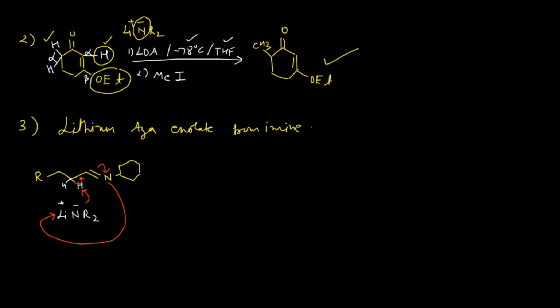Okay, and then you see what kind of intermediate you are going to form here. Say this is your R now, and this species, now we are having a double bond here, and this is your nitrogen connected with the lithium, and then here this species, right? So this is your lithium enolate species.